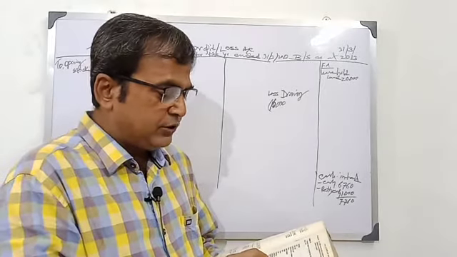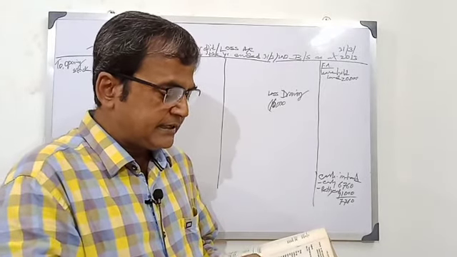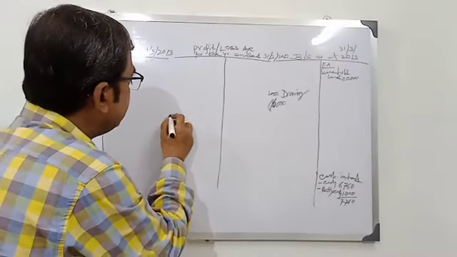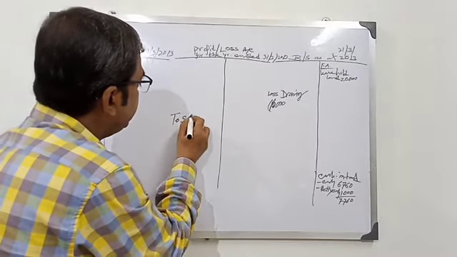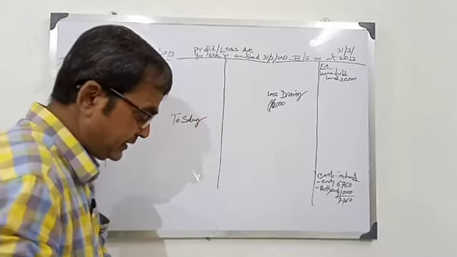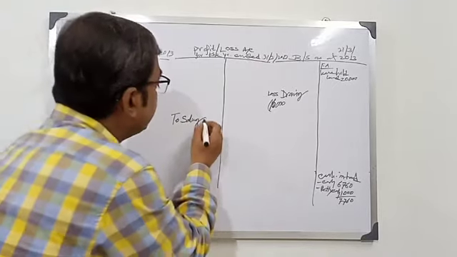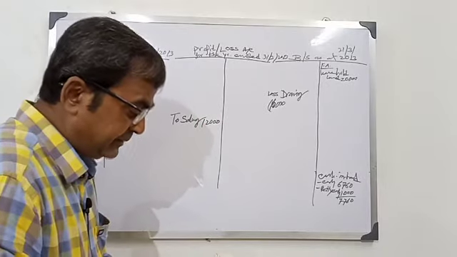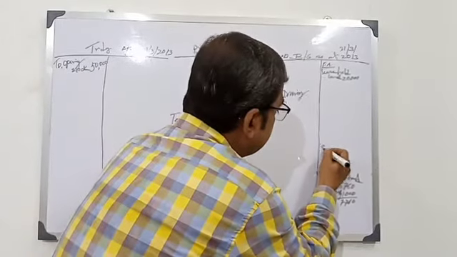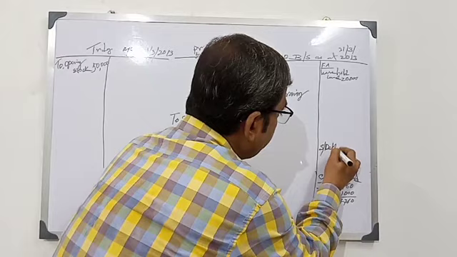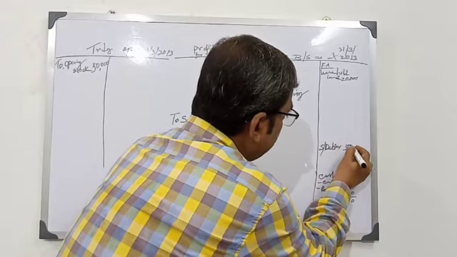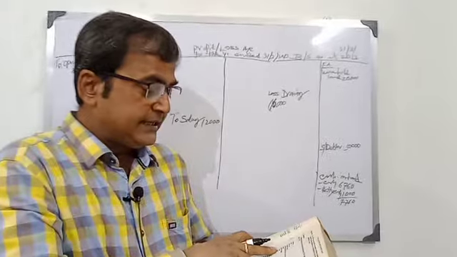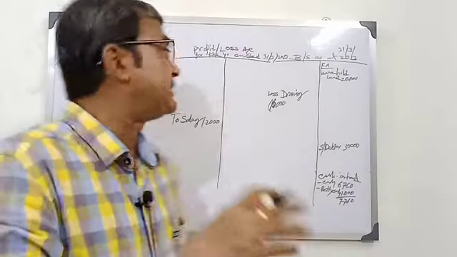Now salary account given 12,000, sundry debtors 50,000. Salary account in the profit and loss account is an indirect expenditure: to salary 12,000. Now sundry debtors 50,000, here I will write sundry debtors, in the inner column 50,000. Now wages 40,000, direct expenditure.